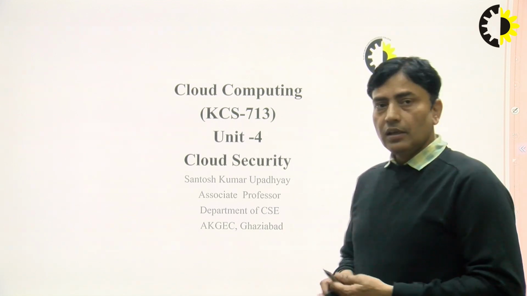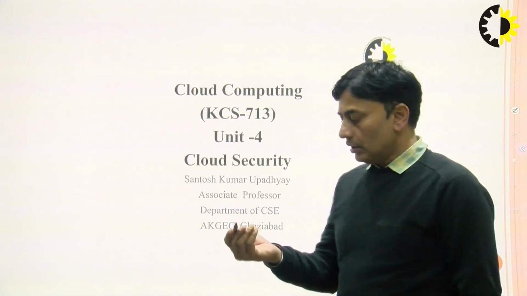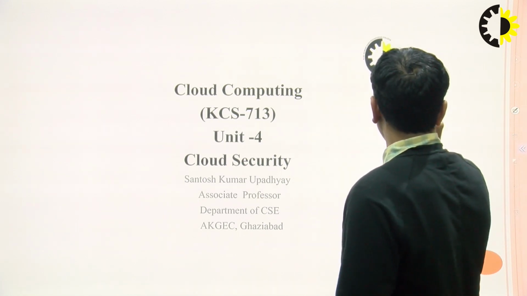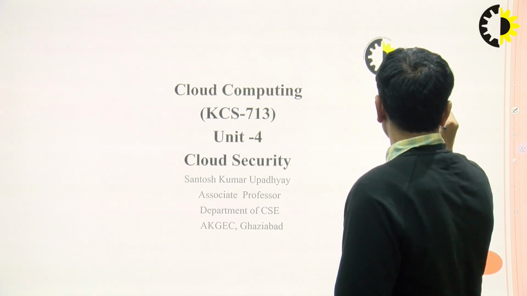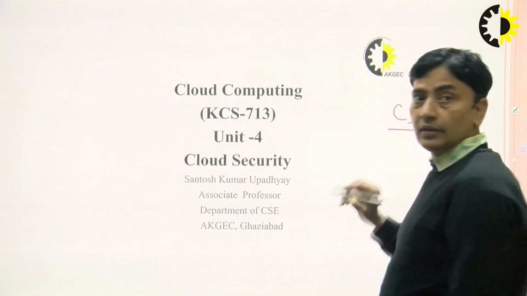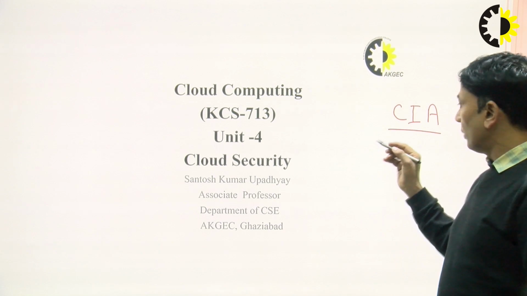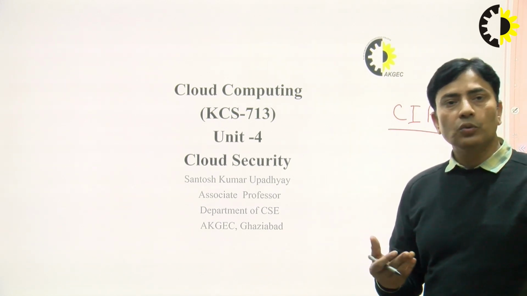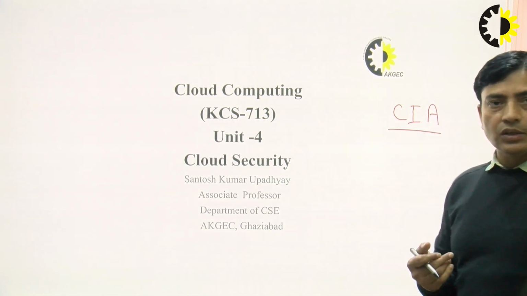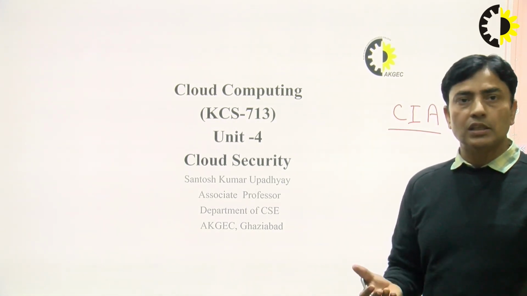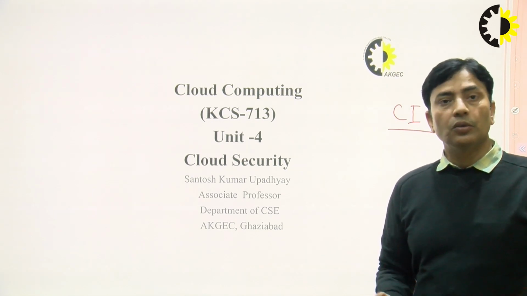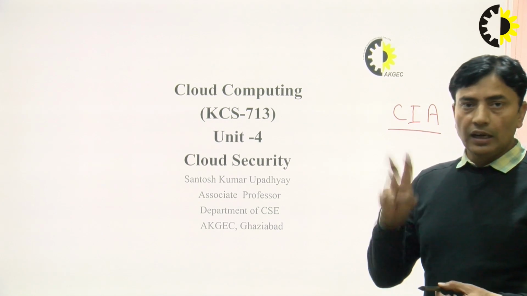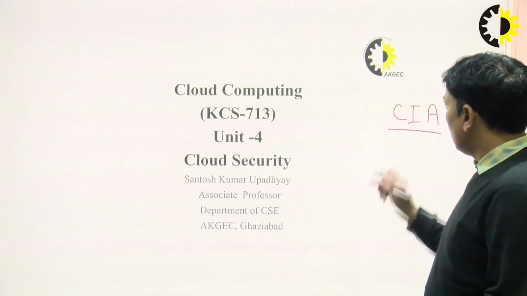As we know, when we talk about security, we have the term CIA in our mind. Whenever we talk about security, whether information security, data security, computer security, or cyber security, we are indirectly talking about the CIA.